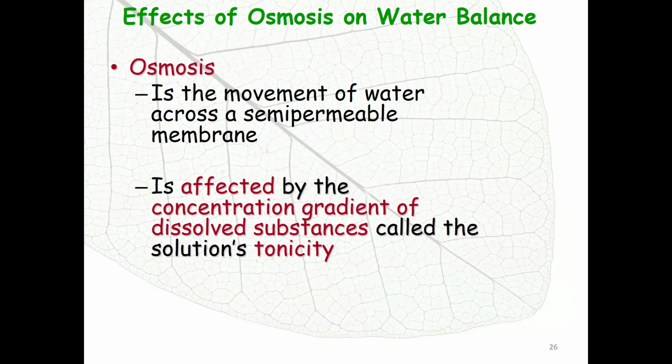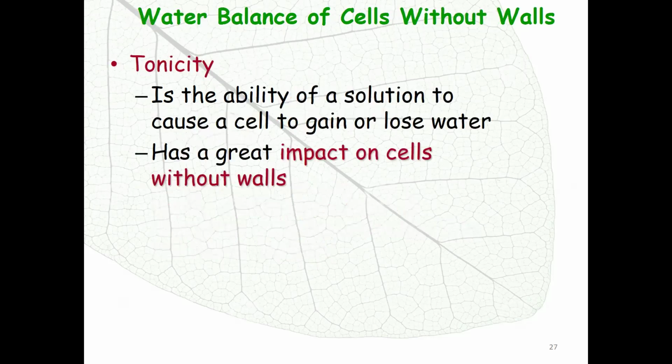Tonicity, depending on the concentration, if there is a concentration gradient, that is from lower concentration to higher concentration, it is called the solution's tonicity. So tonicity is the ability of a solution to cause a cell to gain or lose water, and has a great impact on cells without walls.